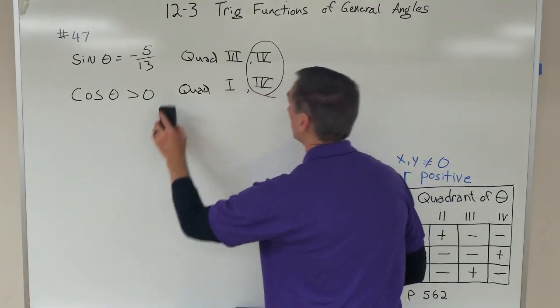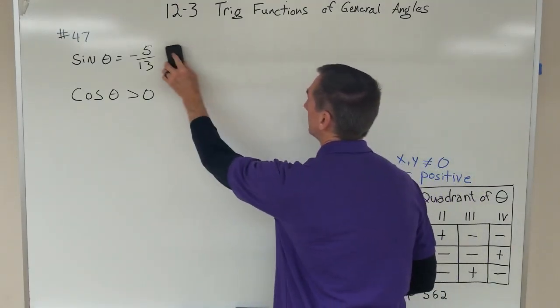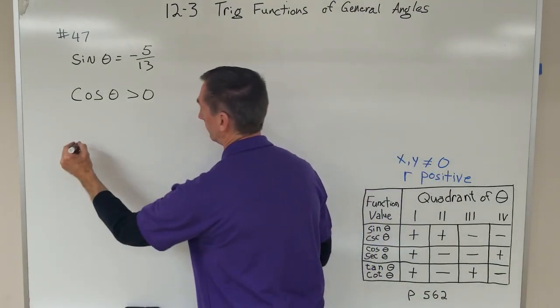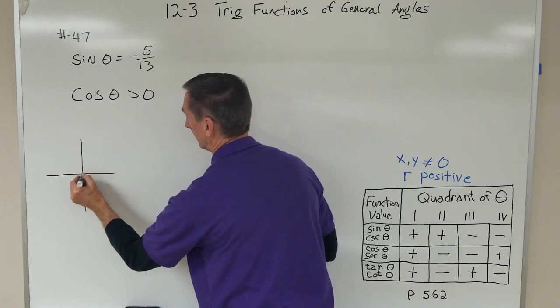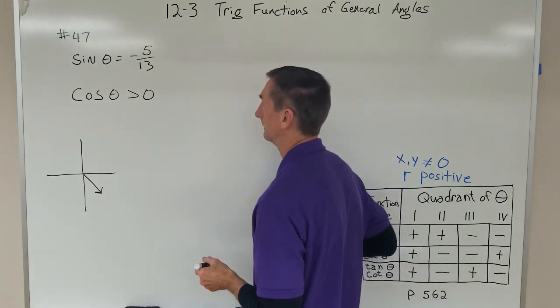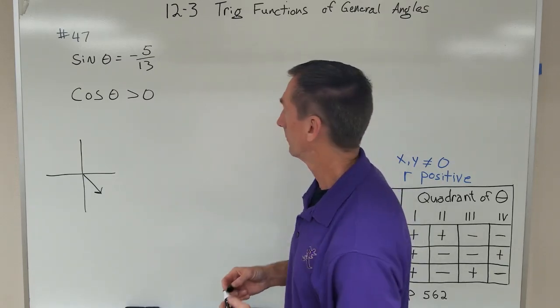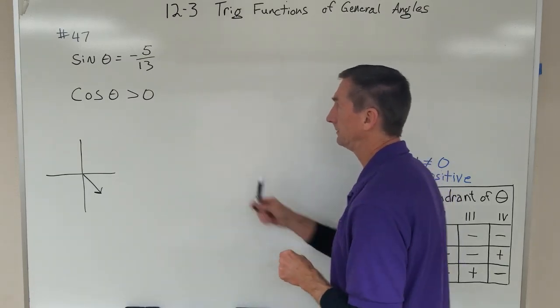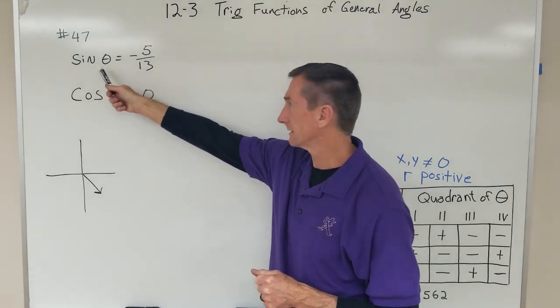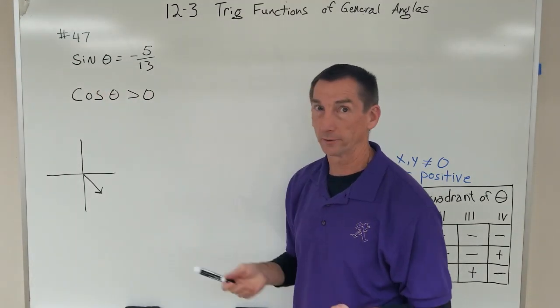So we use that to find out where we are. We are in quadrant 4, down here somewhere. I don't know exactly where, but I know that we're in quadrant 4. Since I know what the sine is, I know sine is y over r.